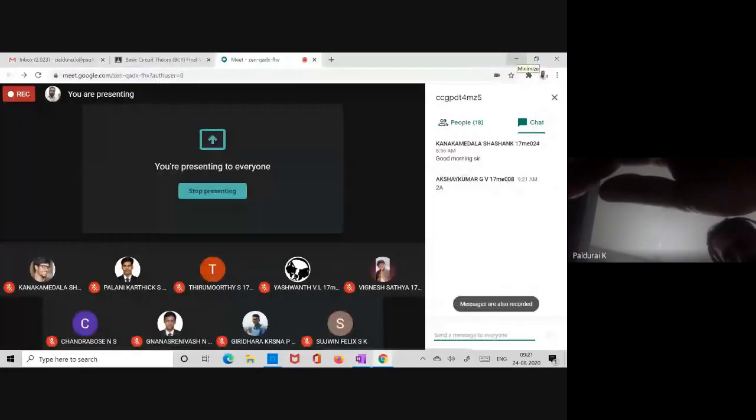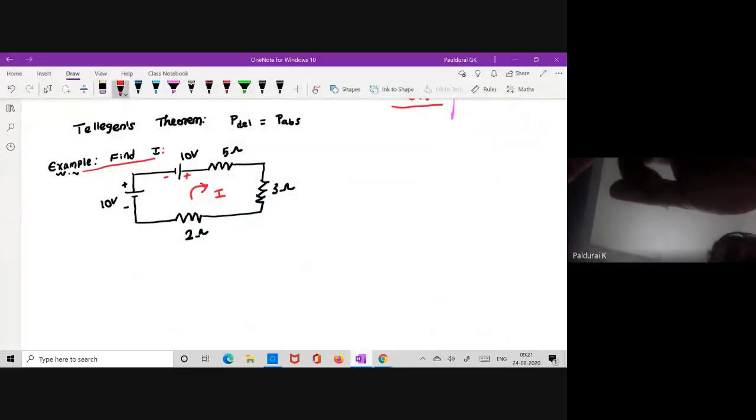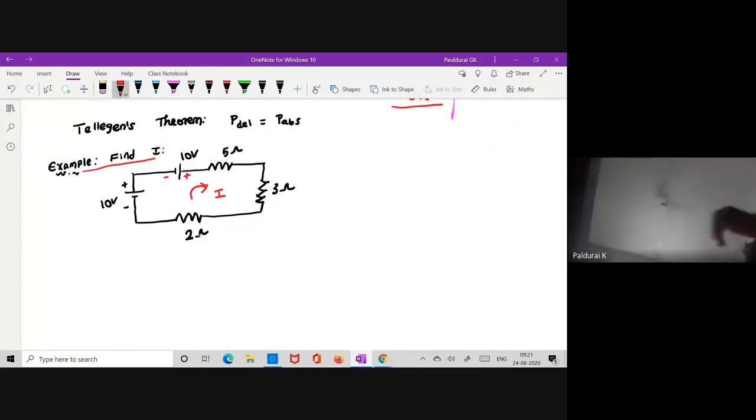2 ampere, Akshay Kumar. Very good, ma. Yeah, it's 2. Correct. Thank you, ma. Here I want to tell one more logic. For that reason only, I have chosen this problem.